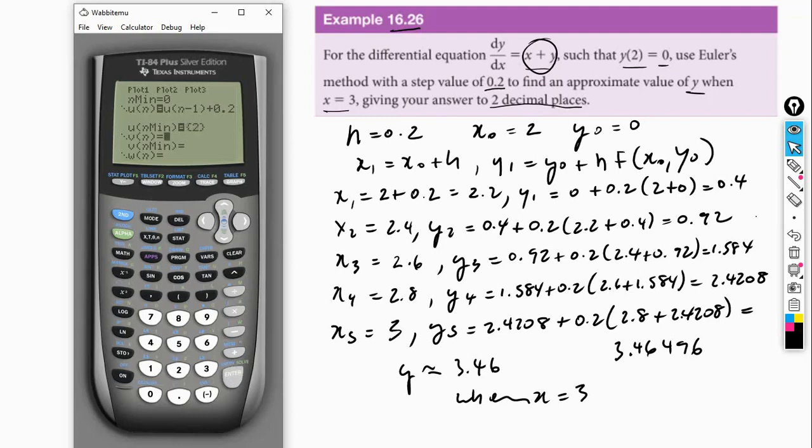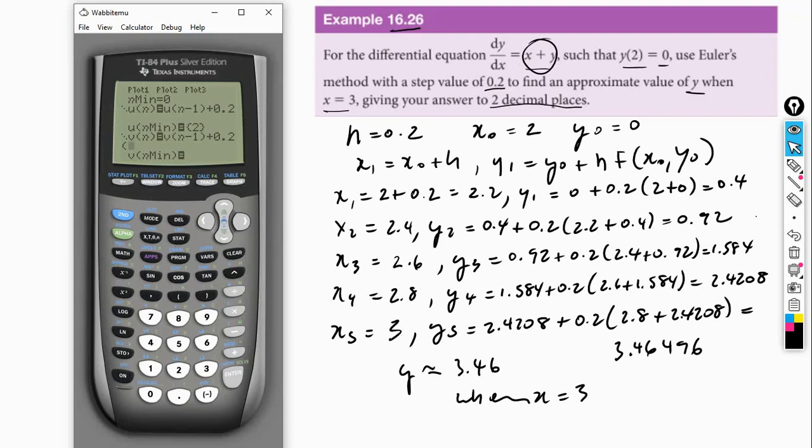Okay, now we go down to v of n, and that is going to be the recursive formula for y. So we would type second v, which is above the 8, v of n minus 1, or the previous value for y, right? v of n minus 1 plus 0.2 times the slope, which would be found by plugging into the differential equation the initial values, for example, of 2 and 0.